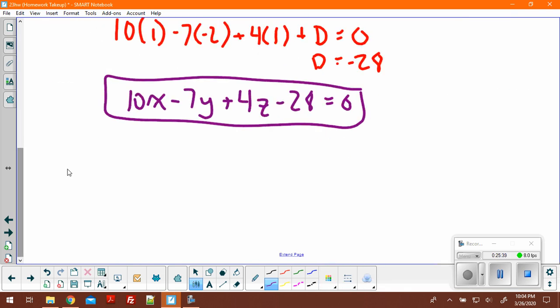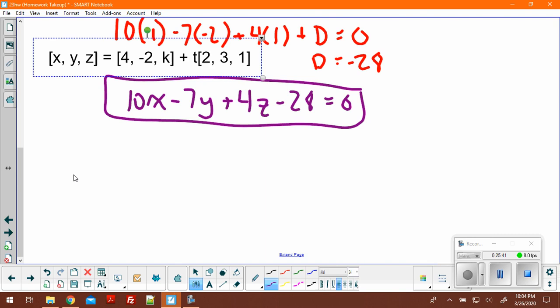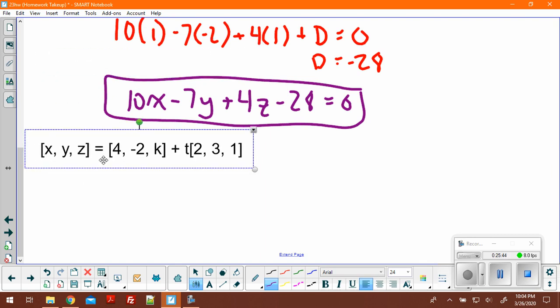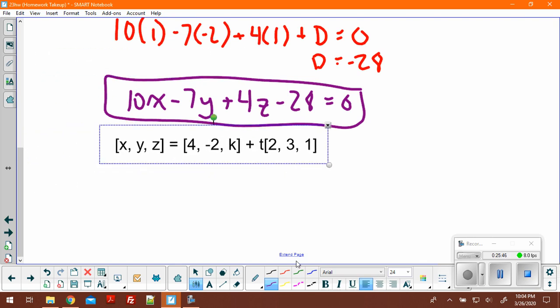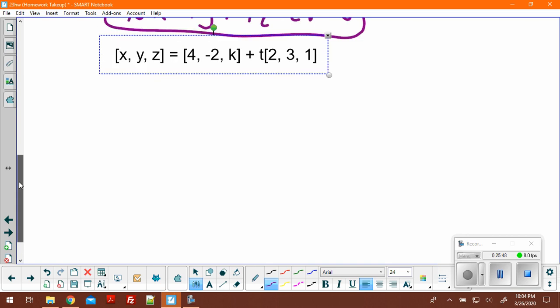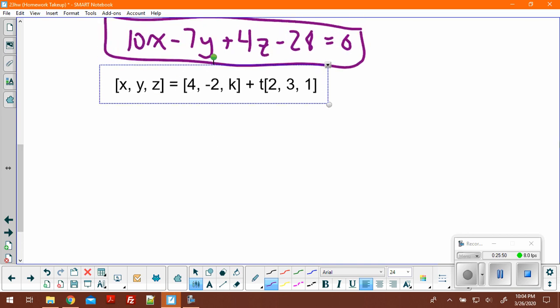Okay, so for part B, I want to figure out the value of k such that that line lies within the plane. And that's talking about a type of intersection. So I'm going to put my parameters into my scalar equation.